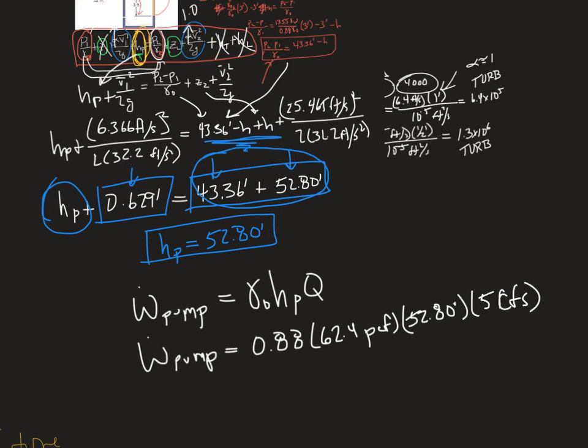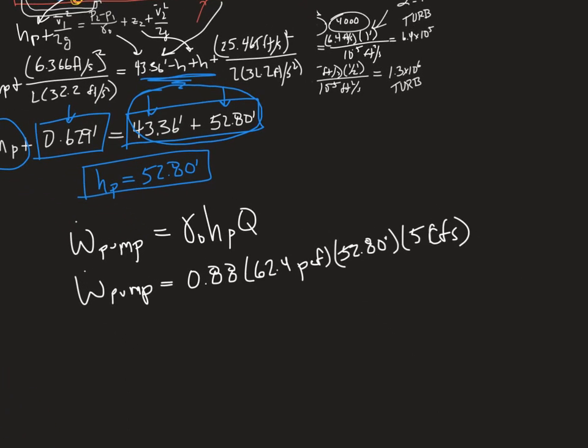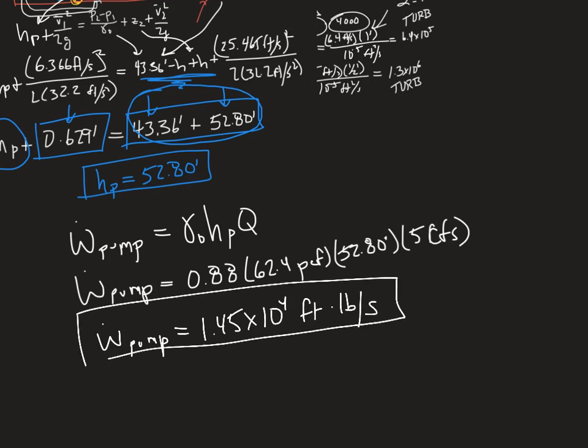That was given. So the work of the pump, or the power of the pump, the rate of work of the pump is 1.45 times 10 to the fourth foot-pounds per second. Notice we've got a torque per time, or work per time.